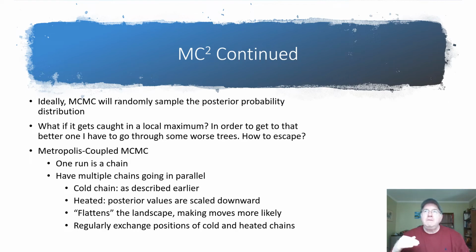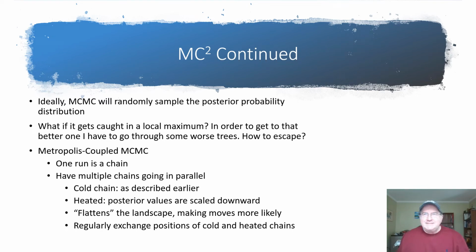Every one of these Monte Carlo runs that we're doing is often referred to as a chain. So one run is a chain. In a metropolis coupled Monte Carlo simulation, you run multiple chains in parallel. The way I described the chain working before is what's referred to as a cold chain. And the metaphor will explain itself here in a second. But the other chains that I run are heated.